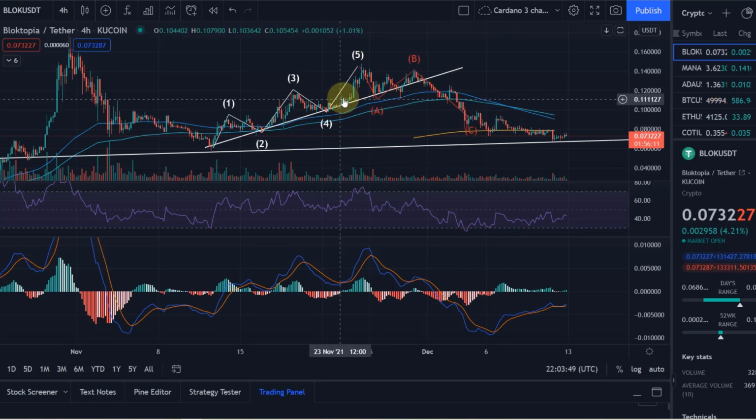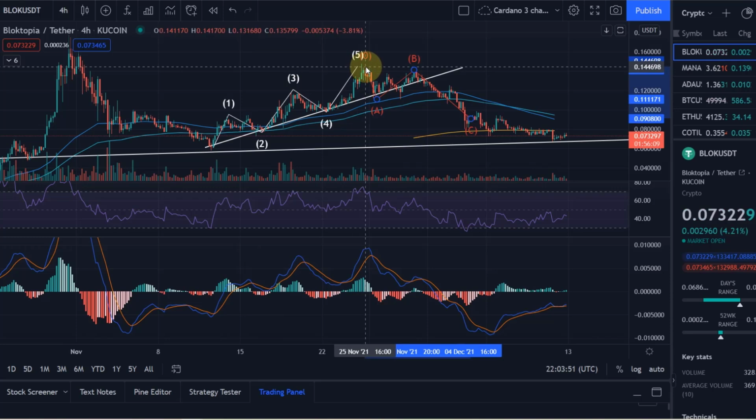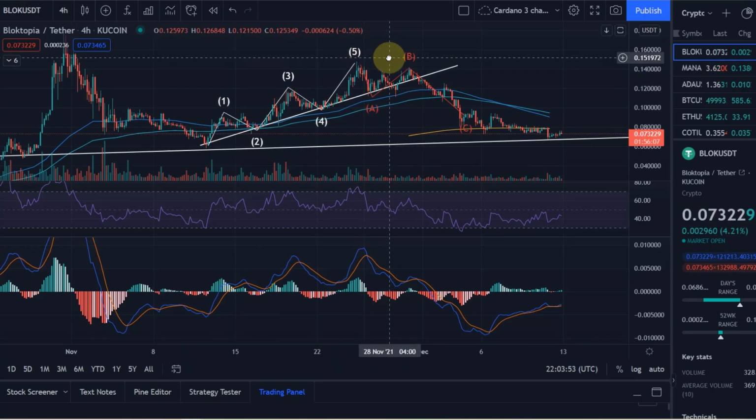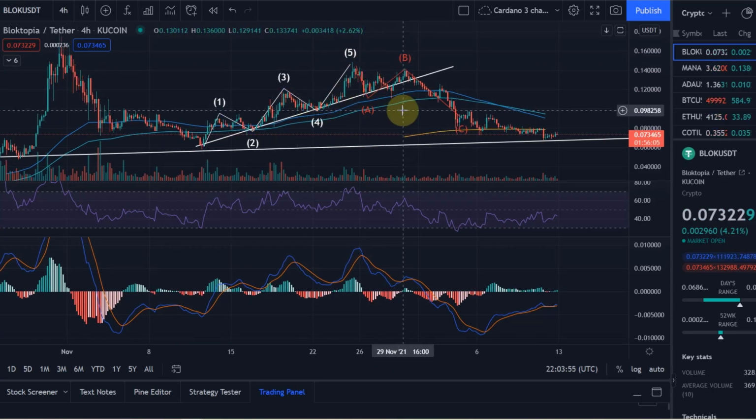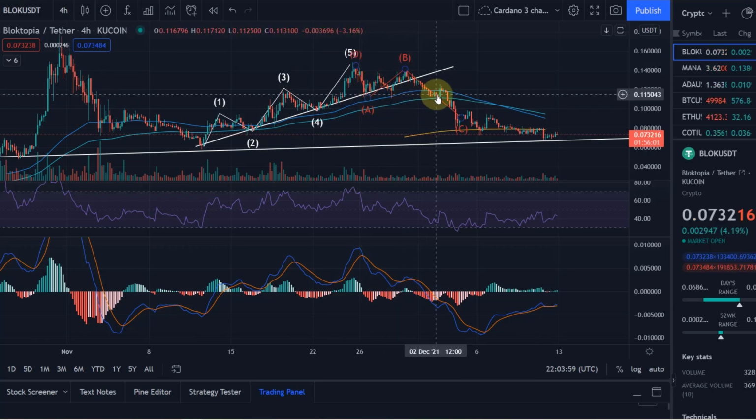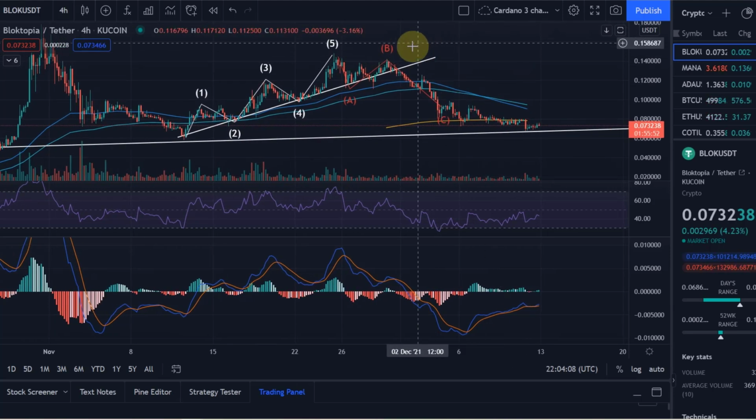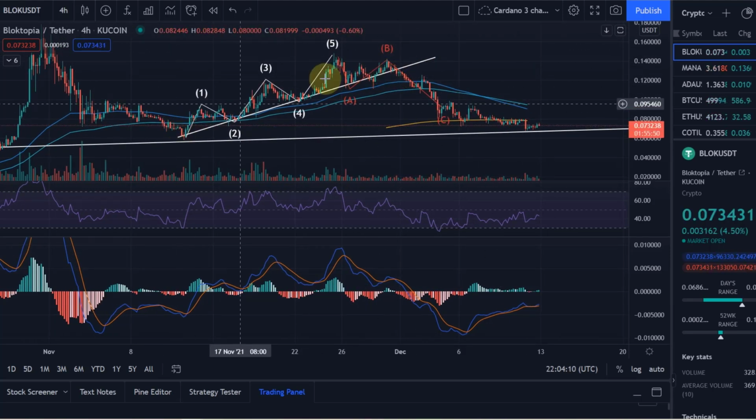I don't know if it prepared you, but what you can do in these cases, if you want to be on the safe side, is look at the moving averages. If you cross below some key moving averages, that confirms that we get into a downtrend. Then you can decide, do you want to sell, do you want to buy back lower, or whatever. That's up to you. Also, stop losses between trend lines are possible.